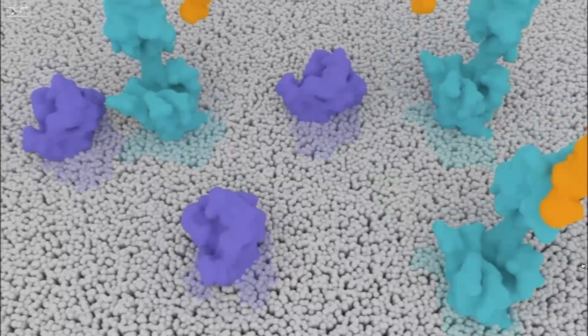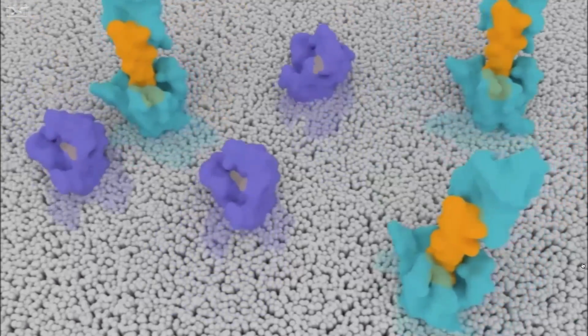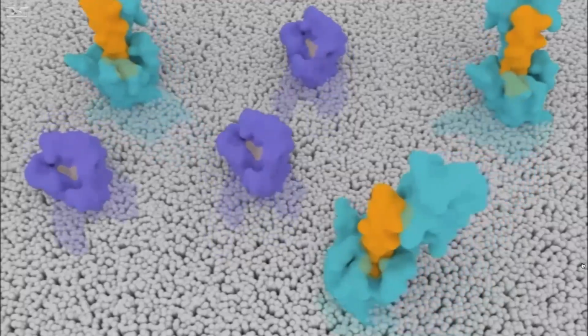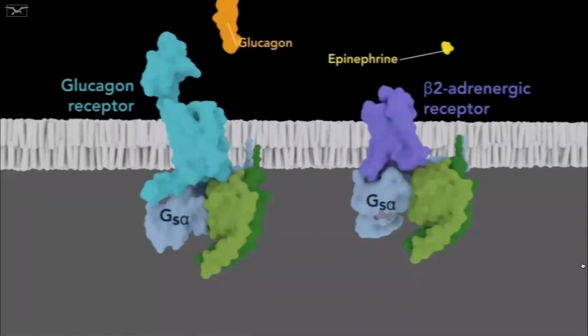Liver cells, for example, must respond to the hormones glucagon and epinephrine in order to regulate glucose levels in the bloodstream. Both glucagon and epinephrine activate a specific G-alpha called GS-alpha after binding to the glucagon receptor or the beta-2 adrenergic receptor.